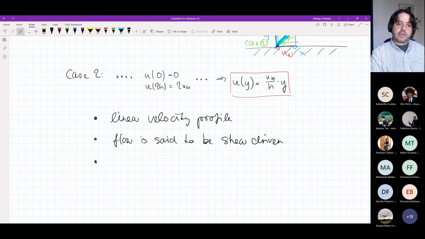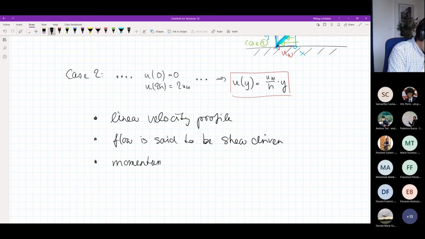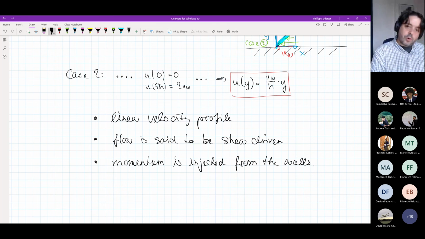And the last comment that I would like to make here is kind of a physical explanation of what's actually happening here. And what we can say is that we have a situation where momentum is injected into the flow domain, injected from the walls. That means, because I move the walls and because I have no slip boundary conditions, I have momentum added to the flow, which then has to go somewhere.